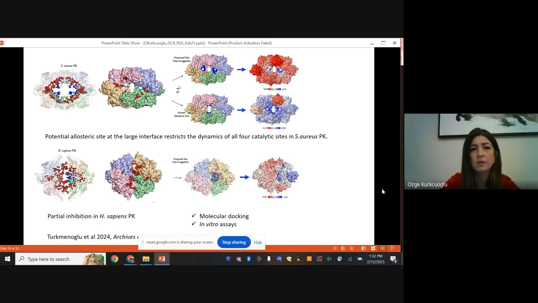And then we sent these to in vitro assays. And recently we published our results, reporting that we found 4 compounds with strong antimicrobial activity and 2 compounds with the complete inhibition of the pyruvate kinase.